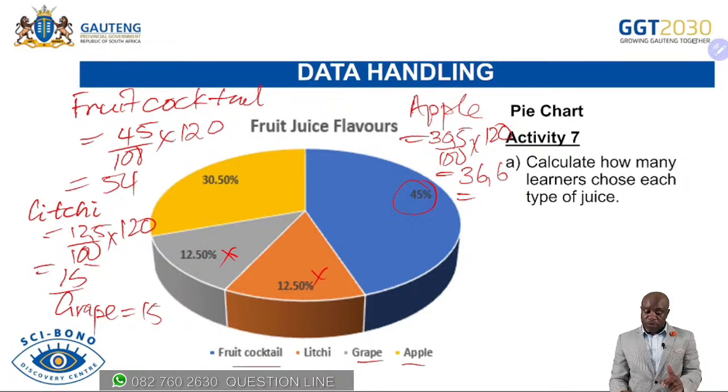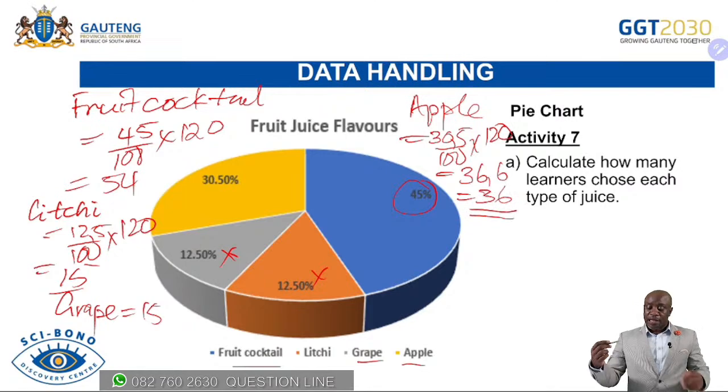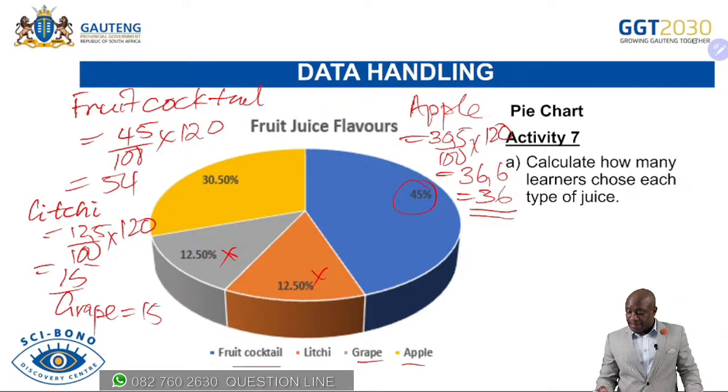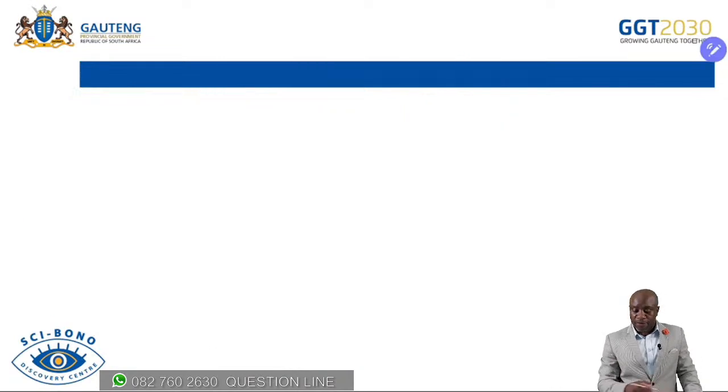So we have to be clever here. 54 plus 15 plus 15, will it give us 120 when we add it to 36.6? No, it will give us 120.6. So therefore, this will be rounded down. Anyway, we round the number of people down in maths literacy. So there were 36 that chose the apple juice as their flavor of choice.